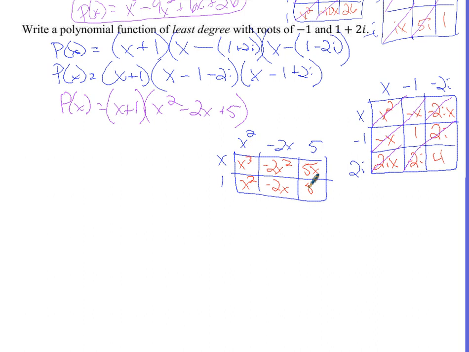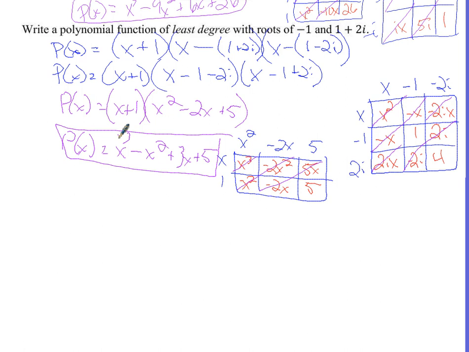Good. So now I can write my polynomial, P of x equals, what is it? Five, x minus 2x is 3x, plus 5. So it's x to the third minus x squared plus 3x plus 5.